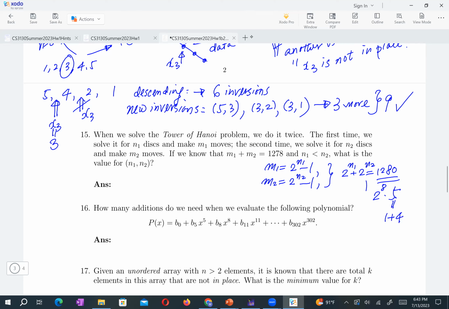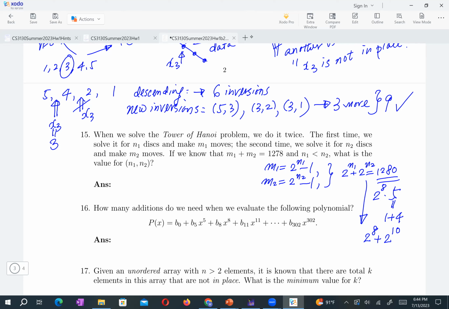So then you have 2 to the 8th times 1, that's 2 to the 8th, plus 2 to the 8th times 4, that's 2 to the 10th. So that's the way you split.